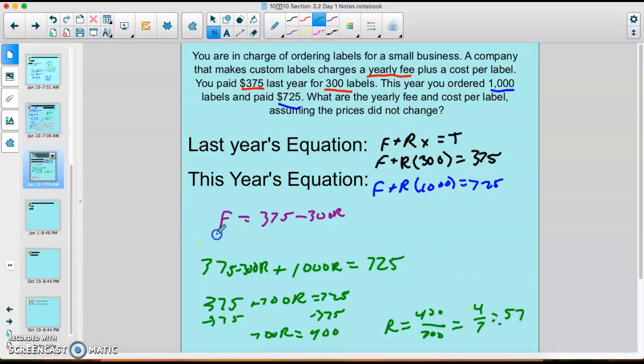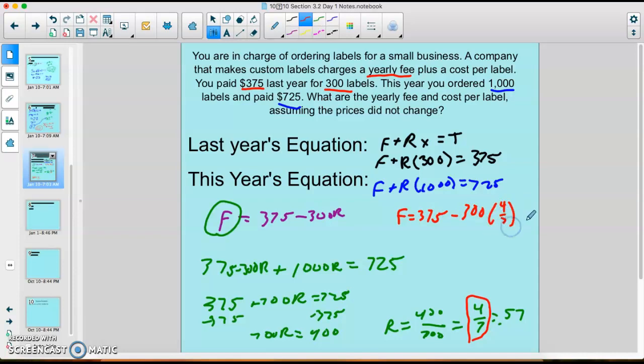Now we need to also find out what the fee is, right? And so we're going to plug in 4/7. It's a little bit more accurate. We don't have the rounding error. And so f equals 375 minus 300 times 4/7.